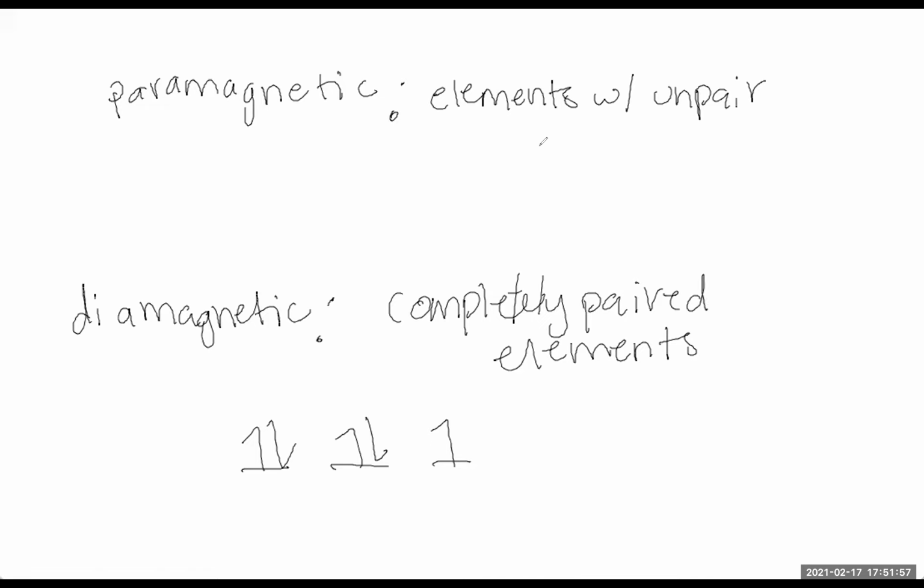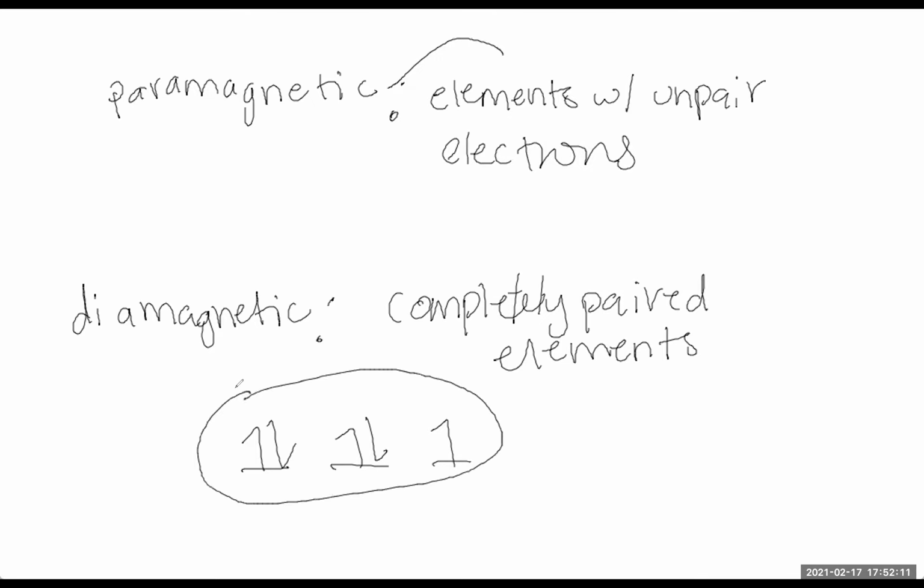So remember, paramagnetic are elements with unpaired electrons, and diamagnetic are completely paired. All the electrons are completely paired with each other. So is this a paramagnetic or a diamagnetic element? Paramagnetic. Right, paramagnetic, because you have this electron that is not being shared with another one.